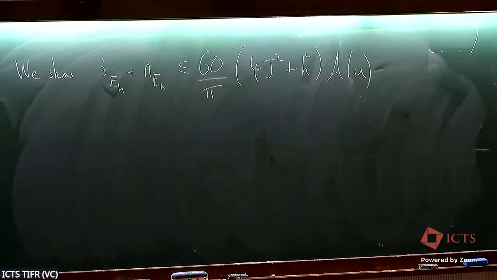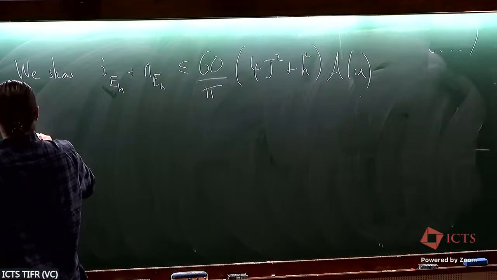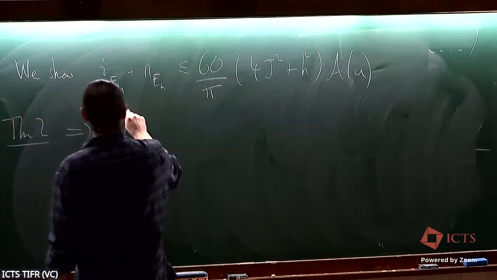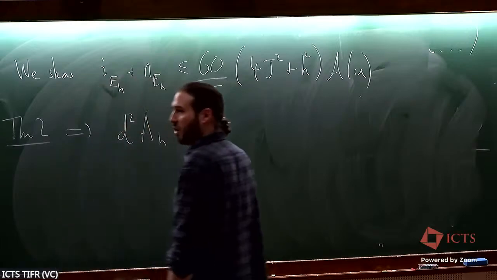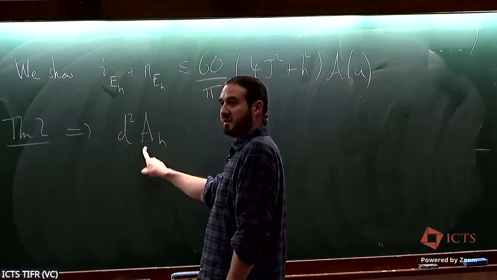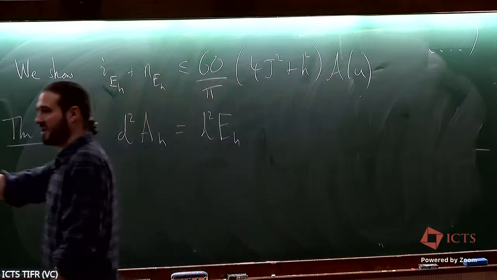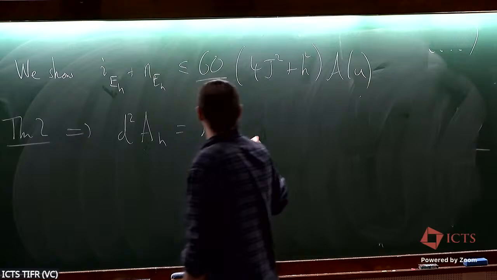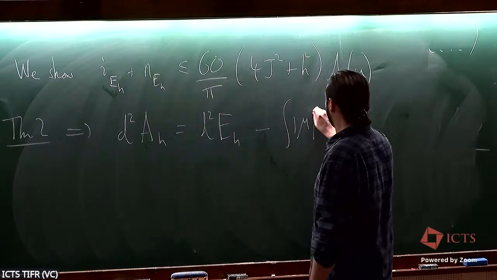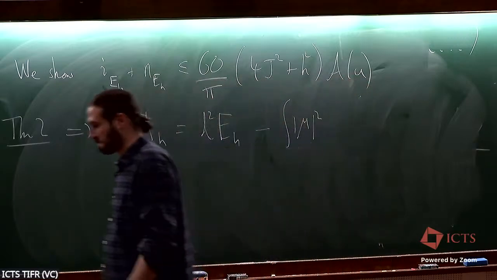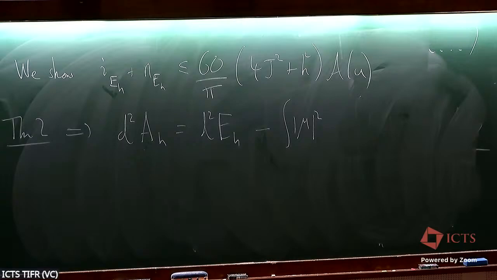Okay. But theorem 2 now implies that the Hessian of the thing I'm trying to estimate is just the Hessian of the thing that I can estimate minus this conformal defect. So this is now fully Ijiri-Mikhailov.